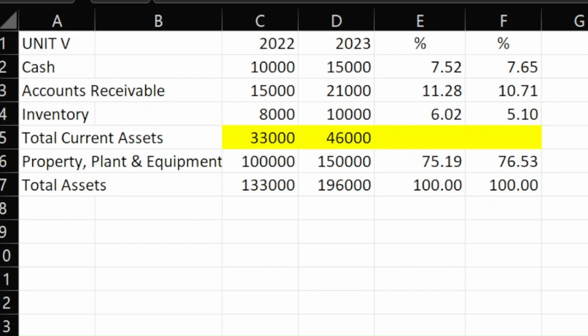In the same way, inventory also decreased, and fixed asset or this property, plant and equipment, this non-current asset, earlier 75.192, now 76.53. So it is increased. So this is the purpose of common size financial statement analysis, common size balance sheet we did now.